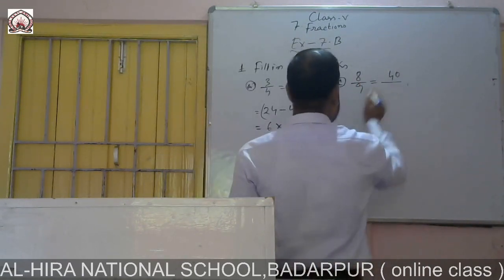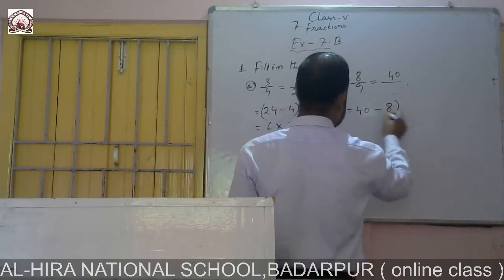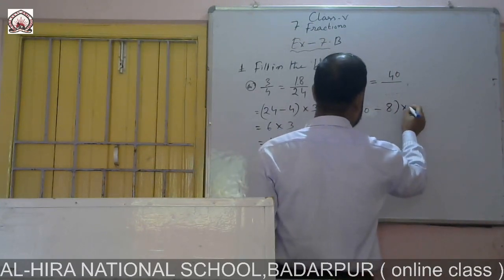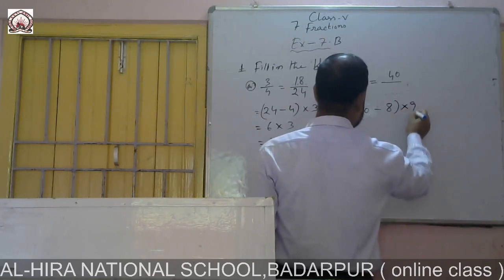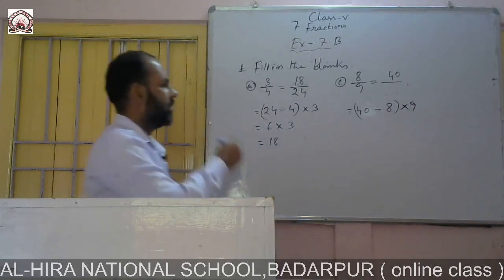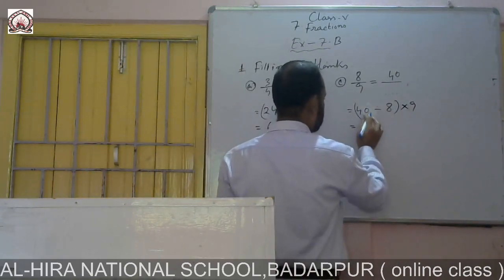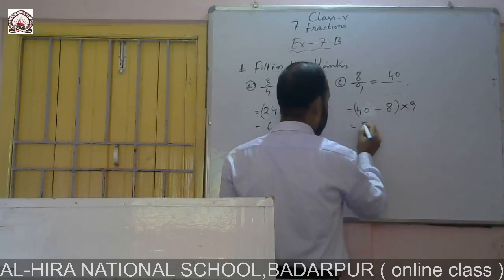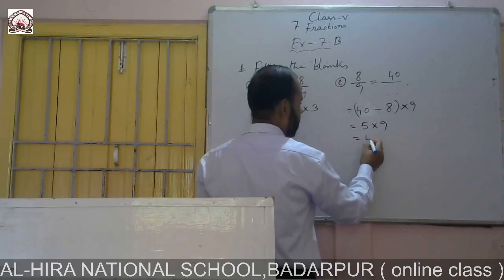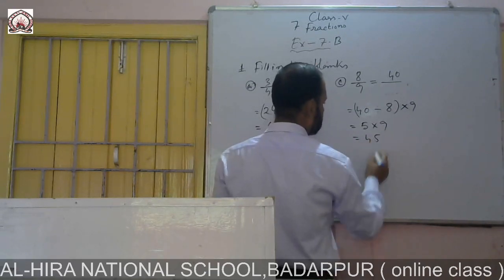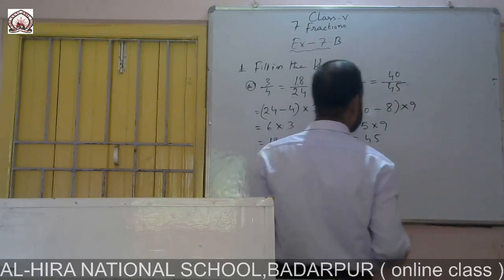So 40 divided by 8 into 9. So 40 divided by 8 equals 5, into 9. 5 9s are 45. Answer is 45.